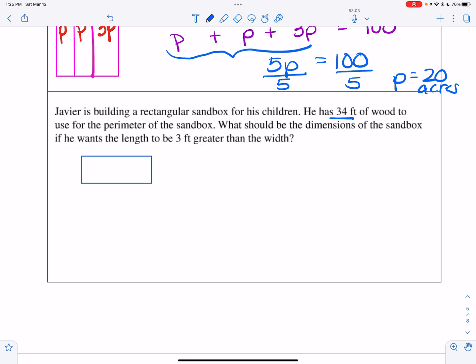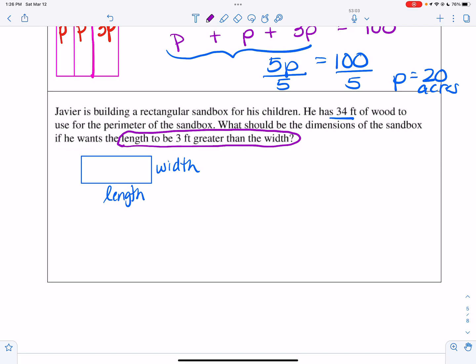So when you look at the description of the sides, we have a length as one side, and we have a width as another side. And all we know is that the length is going to be 3 feet greater than the width.